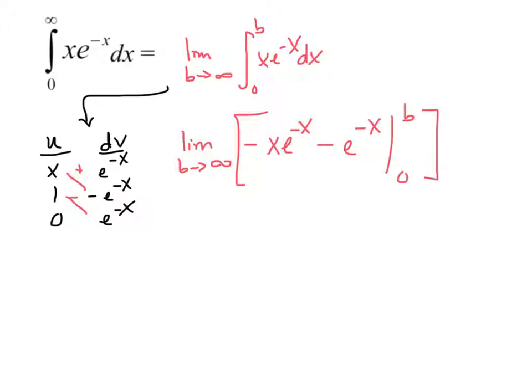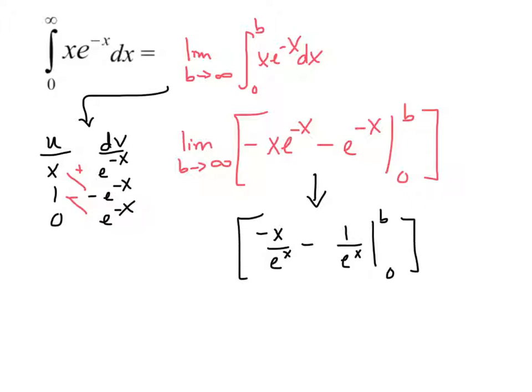Now, I might think about it this way. I might rewrite this with positive exponents. So let's say we had negative x over e to the x minus 1 over e to the x, evaluated at b and at 0.